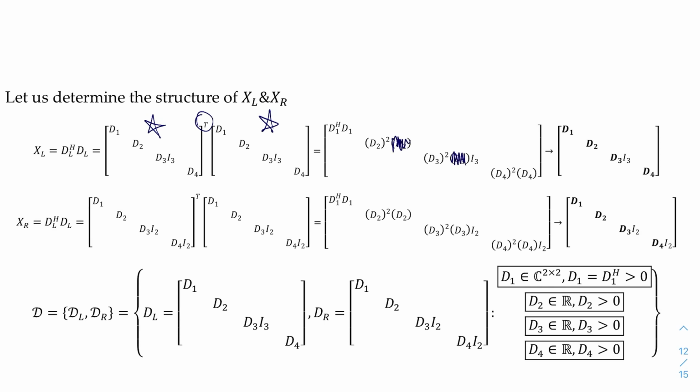By the way, there's a typo, I'm sorry. Since D1 is positive Hermitian, D1 Hermitian times D1 is also positive Hermitian. Again, nothing changed. D2 was a positive real number, and D2 squared is again a positive real number. The same goes for D3, and here there's another typo, it's really annoying, and D4.